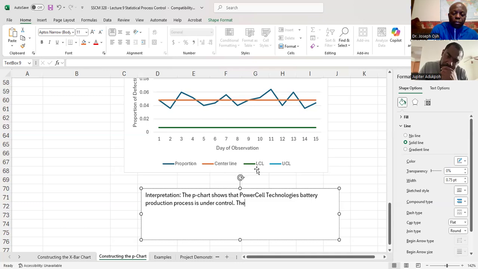The amount of defective batteries are within the, I would say, must say manageable limit.